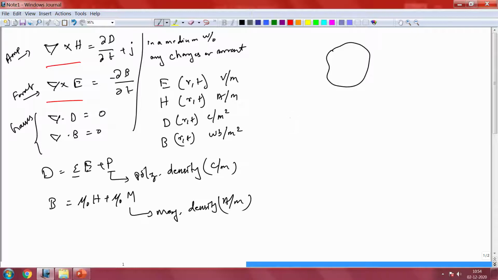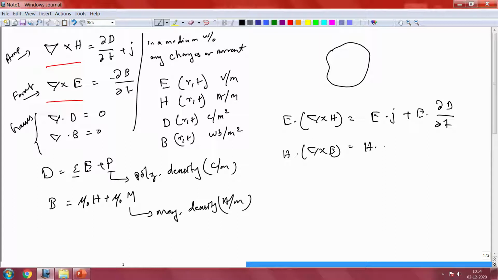Let us multiply E dot del cross H, right, and then H dot del cross E, right. So, if we do that, then it becomes E dot J plus E dot dou D by dou t. Similarly, we get H dot dou B by dou t. Should not forget the negative sign here.